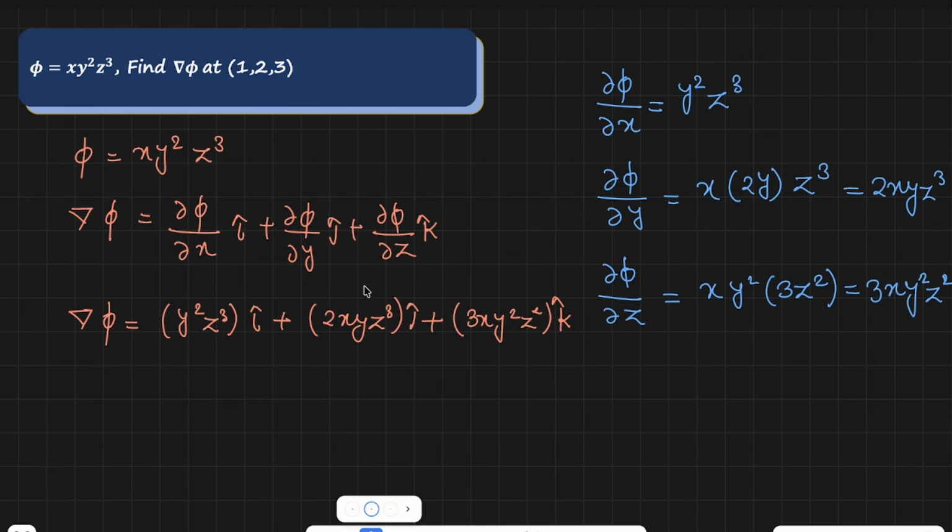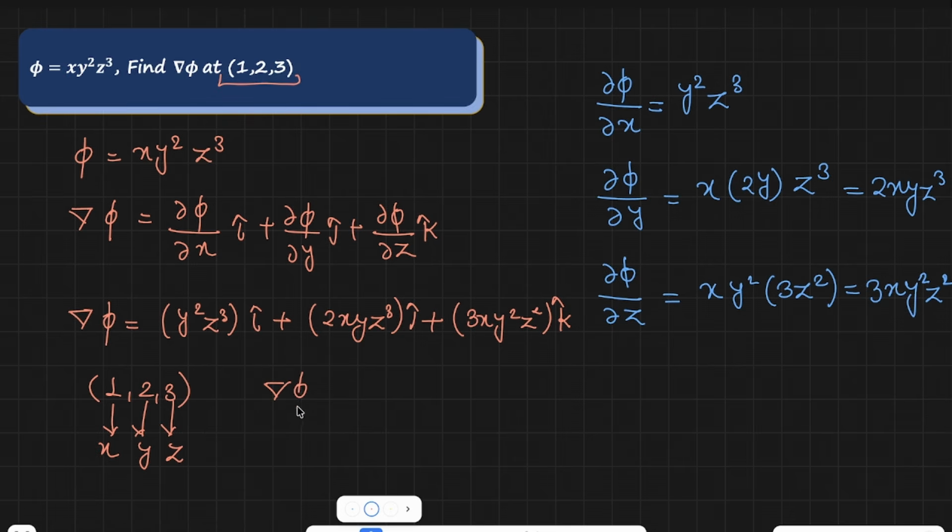So this is the answer, but it says you have to find the value at this point. The point 1, 2, 3 represents x, y and z, so you have to put the values at a particular point.